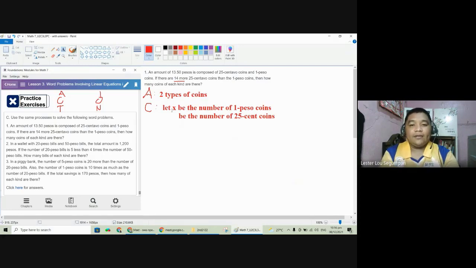Looking at that, we are given that there are 14 more 25 centavo coins than 1 peso coins. It would mean that if I have 10 pieces of 1 peso coins, how many pieces of 25 centavo coins do I have? That would mean I have 24, which is 14 more than 10.